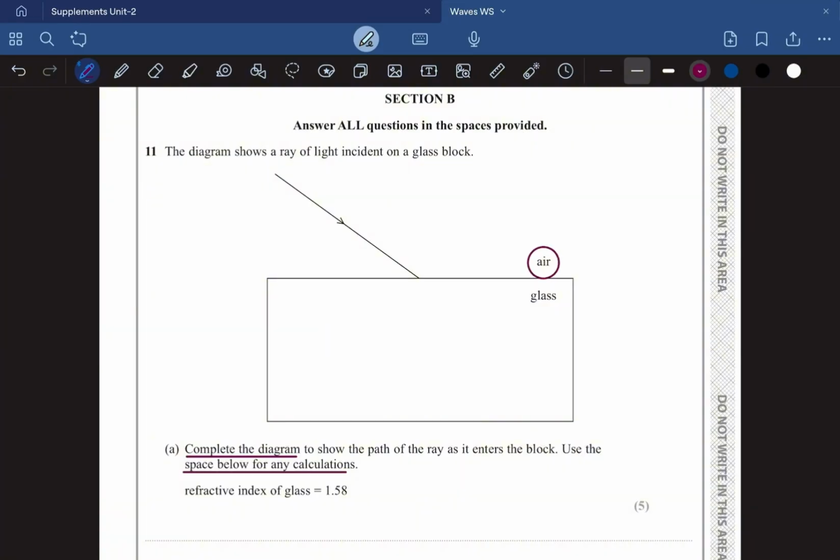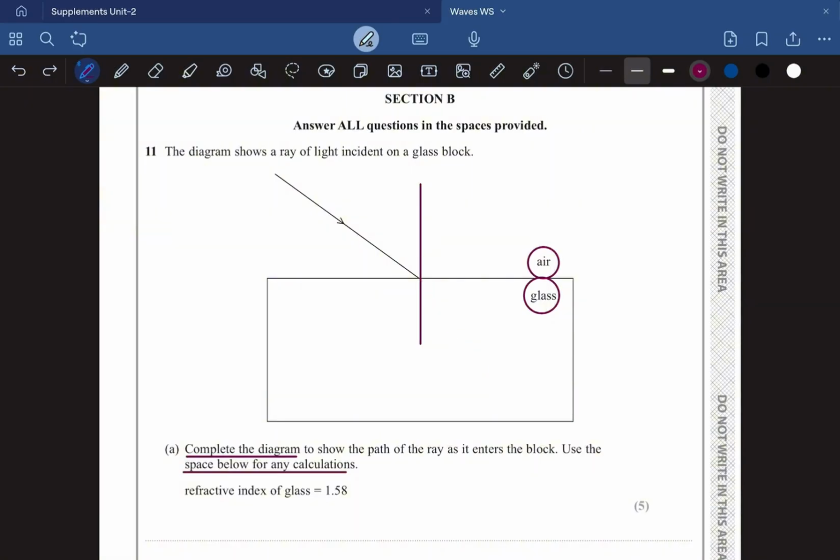Now, the light is moving from a less dense medium to a higher dense medium. So it will be moving towards the normal. The first thing that we'll be doing is drawing a normal right here. As soon as we are done with drawing the normal, we know the light will be going like this, but we don't know the actual angle at which it will be going.